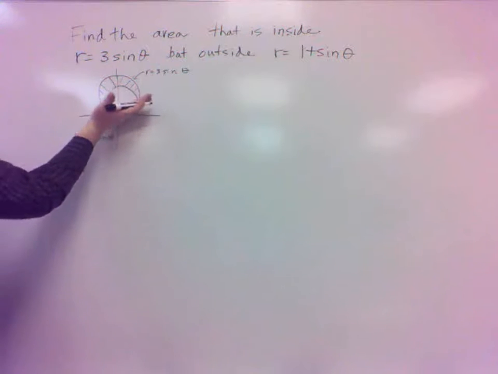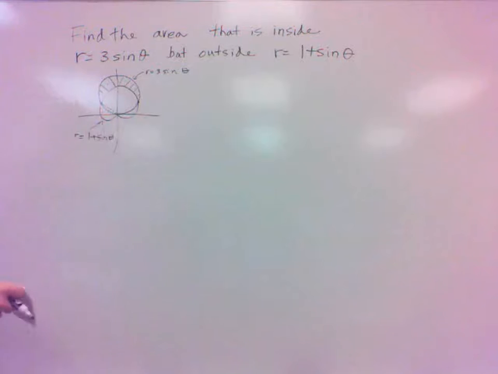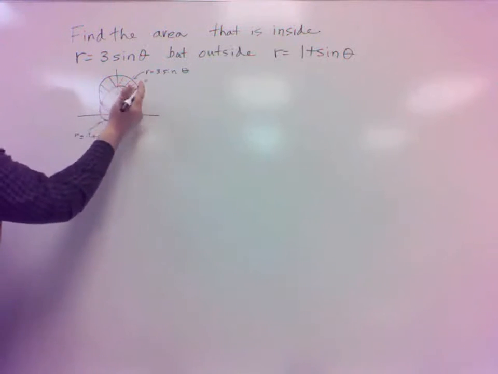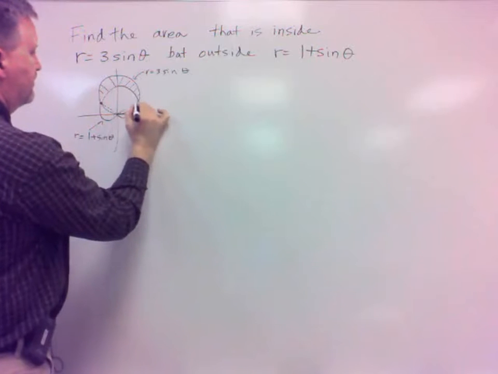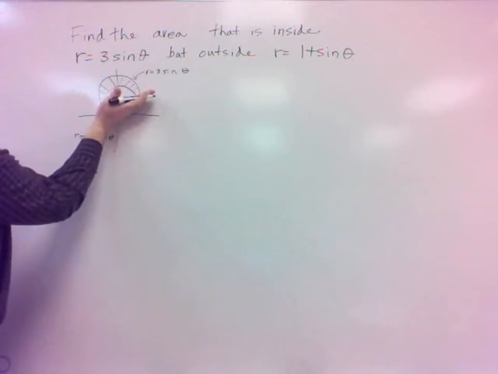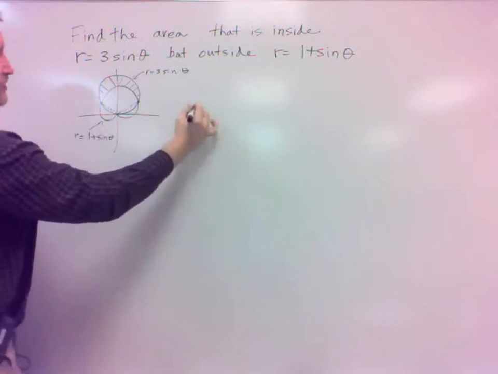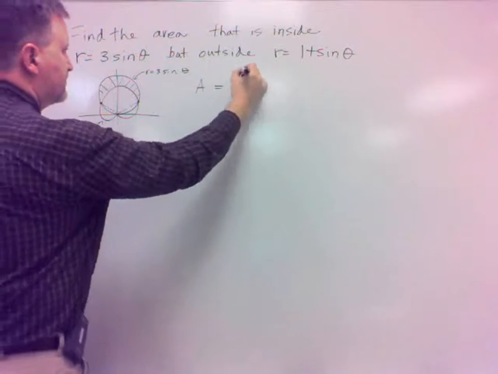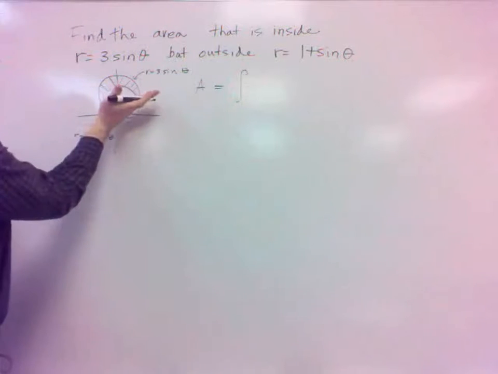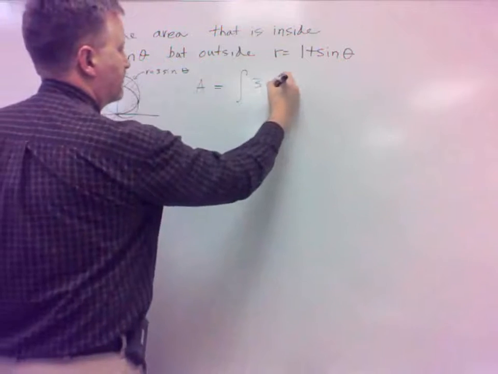If I go along the 3 sine theta function, that is this area from right about here where they intersect all the way over there. And then what I'm going to do to find the area that I've got shaded there is take the integral of what's swept out of the 3 sine theta curve.